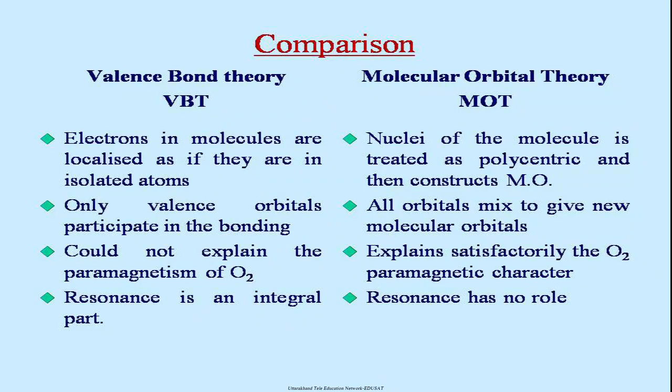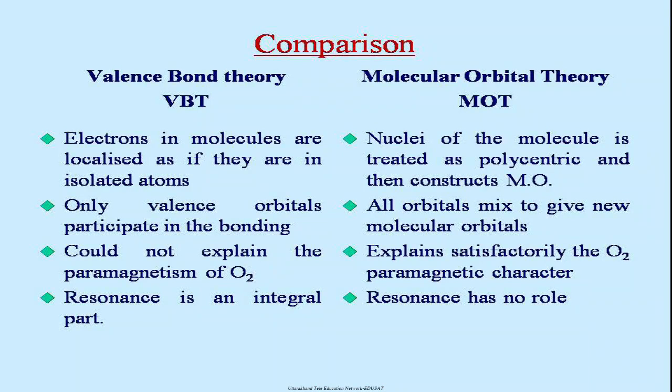In molecular orbital theory, the nuclei of the molecule are treated as polycentric and molecular orbitals are constructed, and the electrons remain a part of the whole molecule, between the two nuclei. In valence bond theory only valence orbitals participate in bonding, whereas in molecular orbital theory all orbitals mix to give new molecular orbitals, which are then filled with electrons.